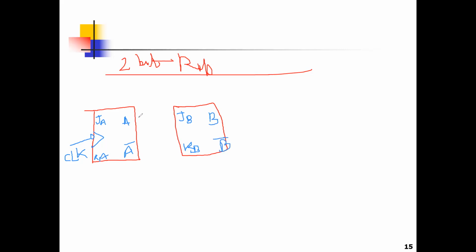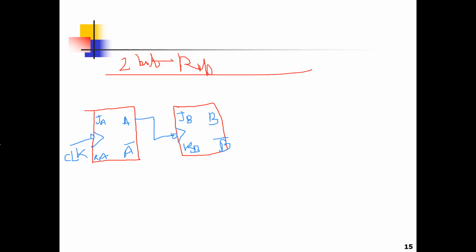If I want to give a different clock, the A output will become the clock for the second flip-flop. Now it will be different. Why? Because we want to make it different.